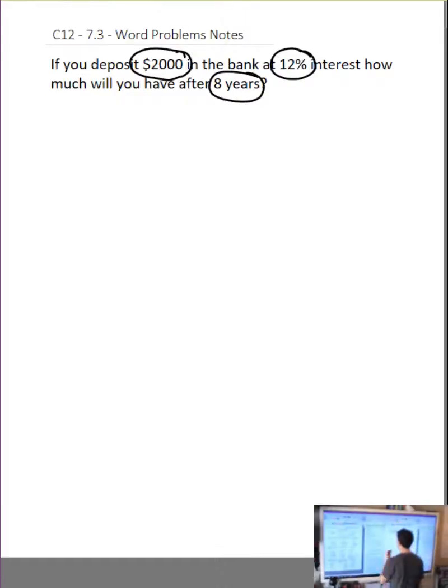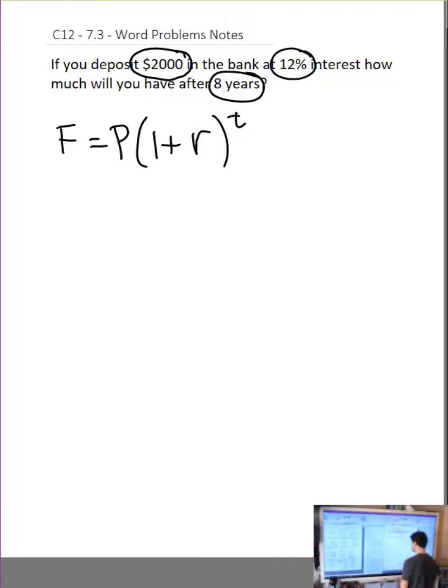So on your formula sheet, we're going to start off with future equals present, 1 plus the interest rate to the exponent time. If you'd like to work through theory, please feel free to check out the notes on the theory. So the future value we don't know.